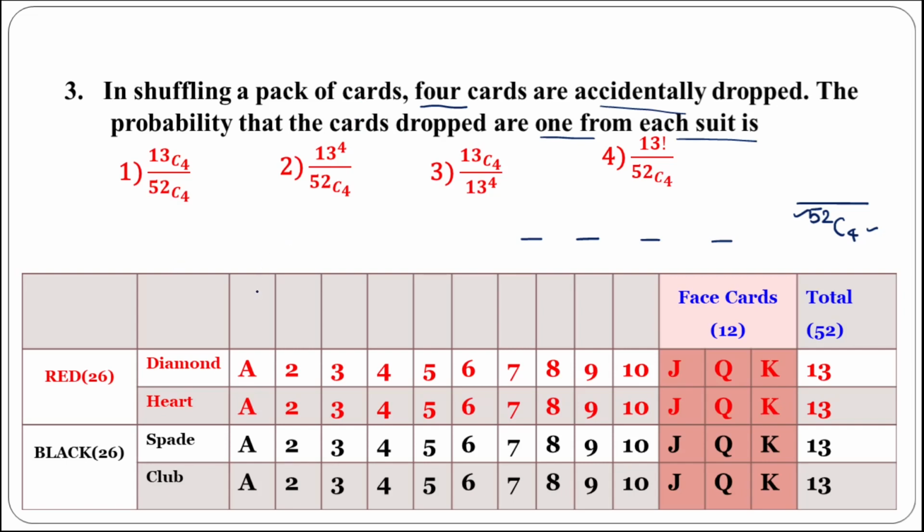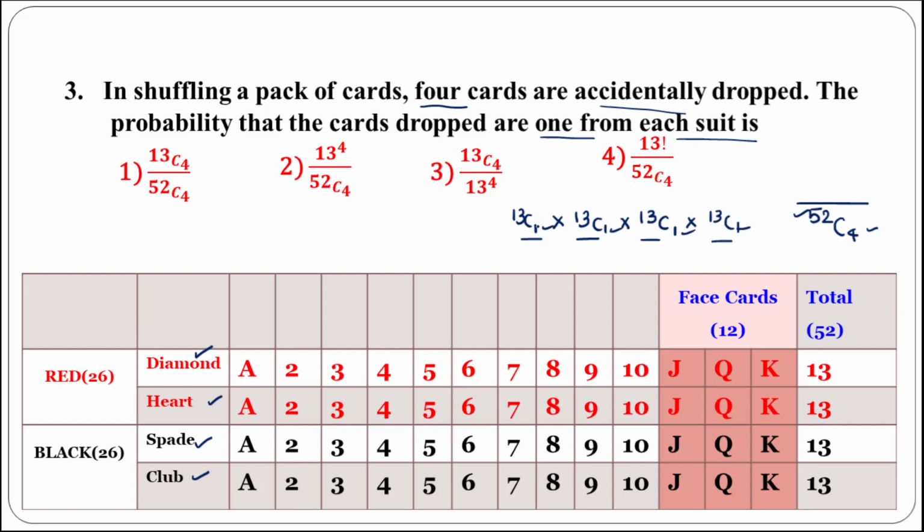card from each suit. 13 diamonds we have, we want one card out of it, 13C1, into from 13 hearts we want one card, 13C1, into from spades, okay, we have 13 spades, I want to select one. From 13 clubs I want to select one, so that you will get 4 cards in total.